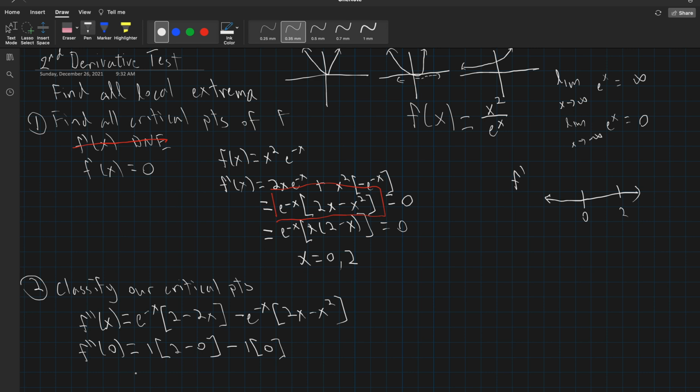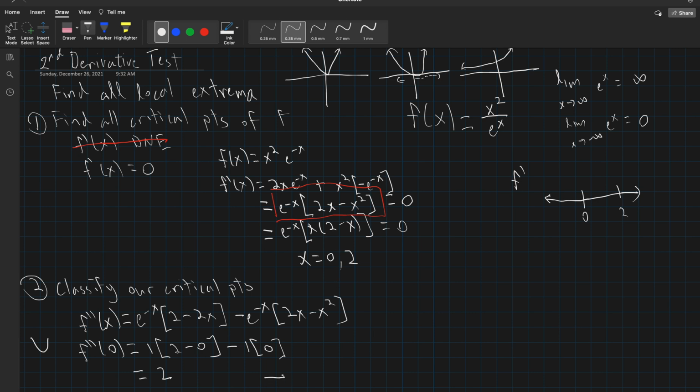So f double prime is equal to 2. So this means our function is going to be concave up. And our slope at 0, we already confirmed in the last step, is equal to 0.